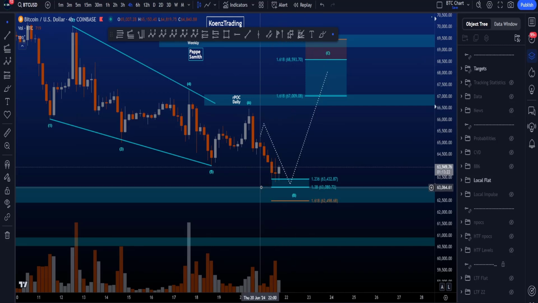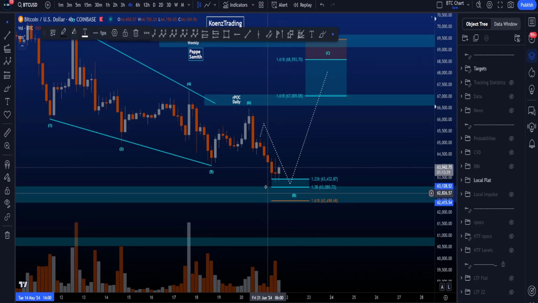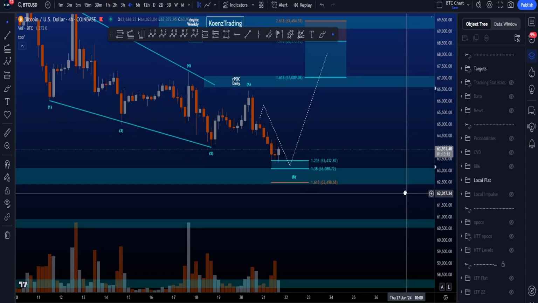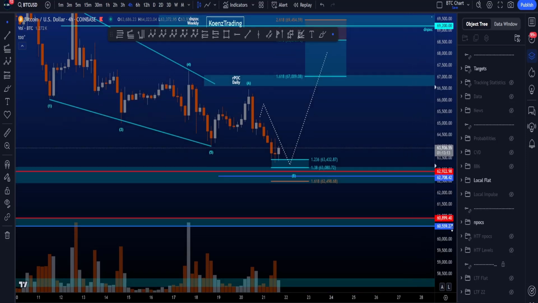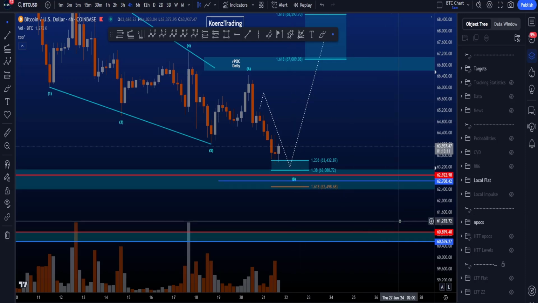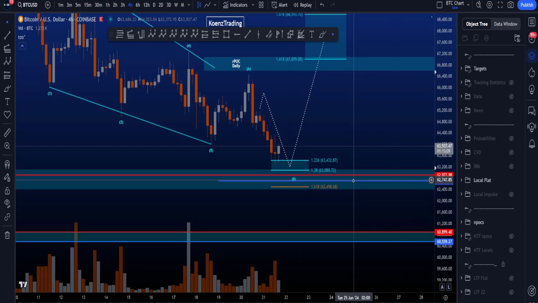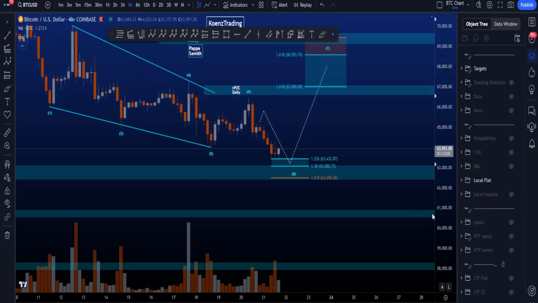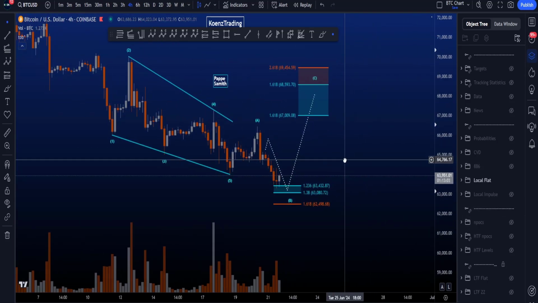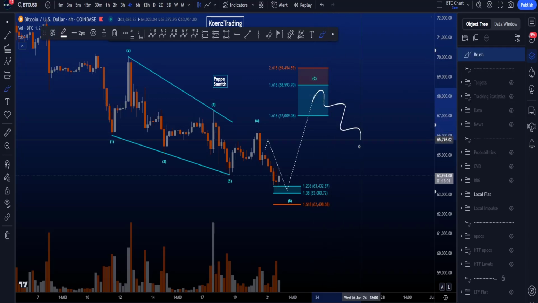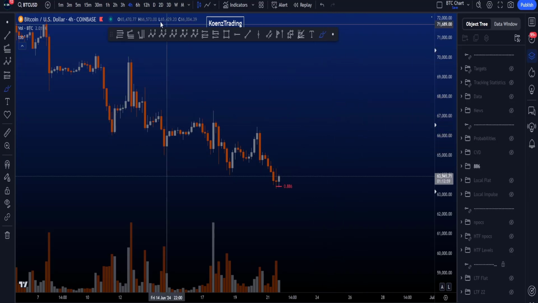Just below price, we still have this blue box here as well, some additional support between 62.4k and 63.1k, most notably a point of control at 62.9k and the value area low of this range in blue, 62.7k. After wave C, we are then looking for a retracement to the downside once again.